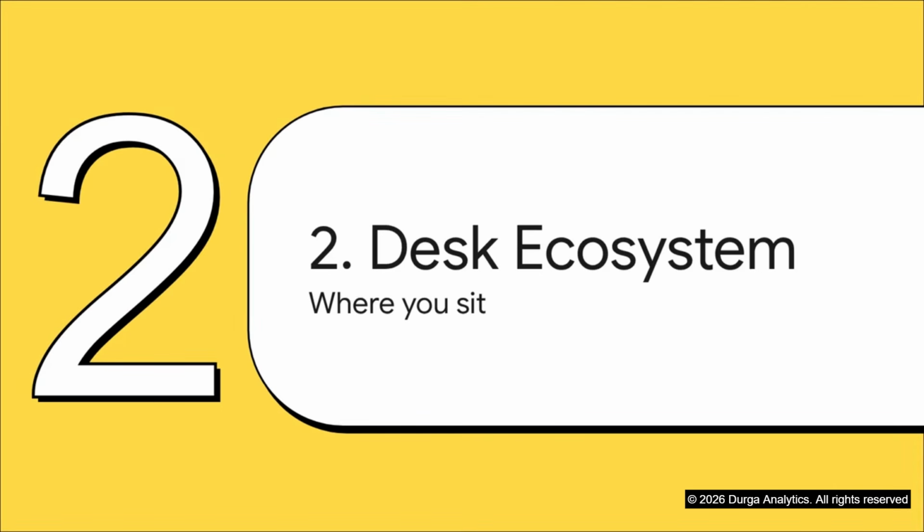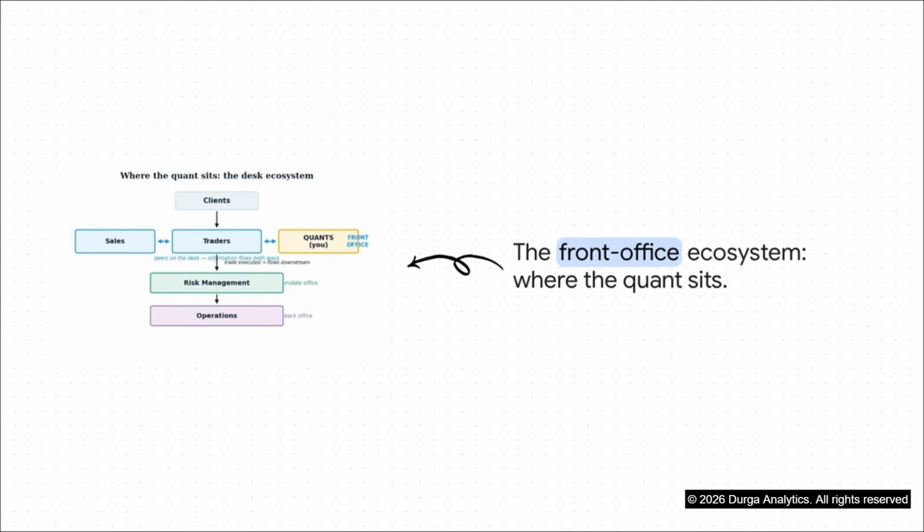Moving on to Section 2, the desk ecosystem and quant outputs. We really need to map out exactly where you physically and operationally sit within the bank. Because front office isn't just a corporate buzzword. It's a very specific, high-pressure environment. You're not tucked away in some quiet back office writing academic papers.